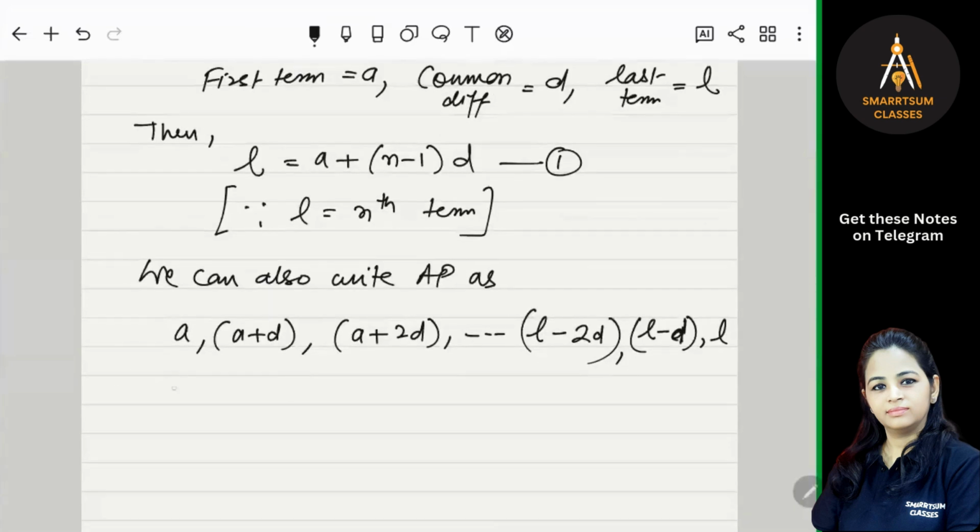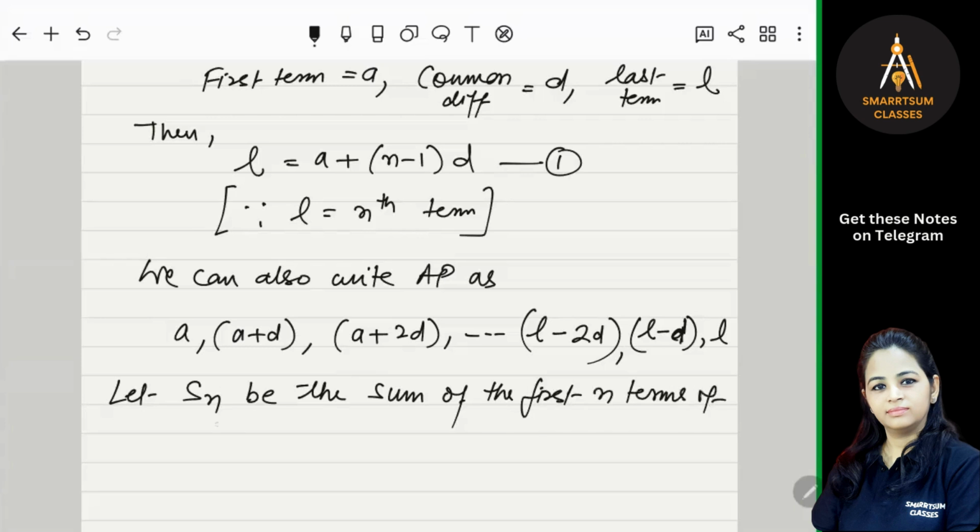Now, everybody please understand first. After that, you can note it down. It is also given in your book. Let Sn be the sum of the first n terms of this AP.